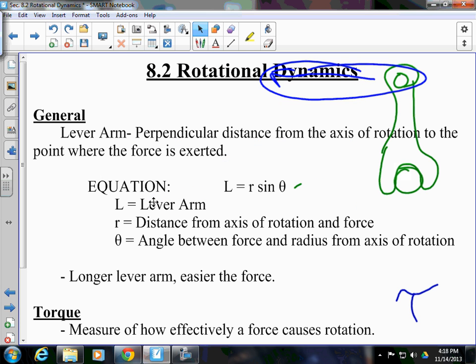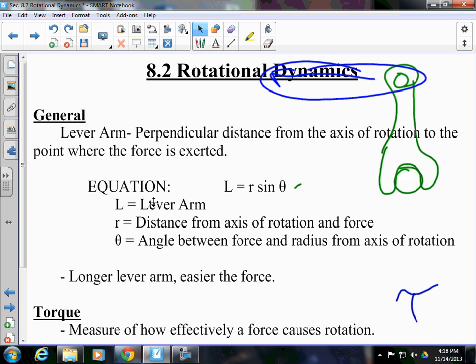Think about it in regards to doors. Why are all door handles on the outside of the door? Because it's easier to push the door open when it's on the outside. Try pushing a door open on the inside next to the hinge. It requires a lot more force than at the outside door handle, and that has to do with the distance of the lever.